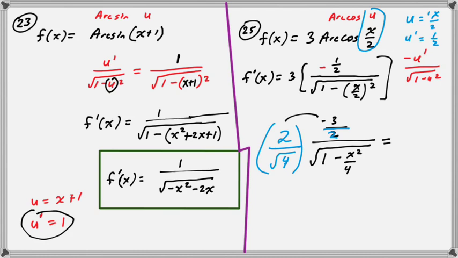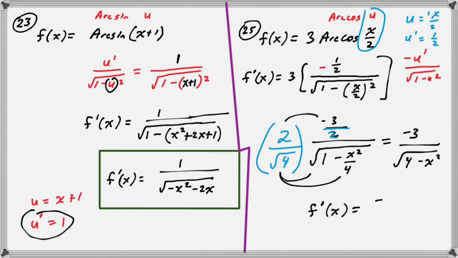The 2's would cancel, leaving me a negative 3. Inside, I think that would give me the radical 4 minus x squared. So hopefully f prime of x is going to equal negative 3 over the square root of 4 minus x squared.